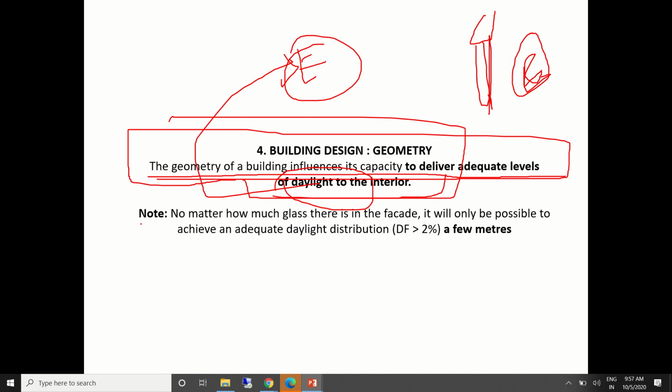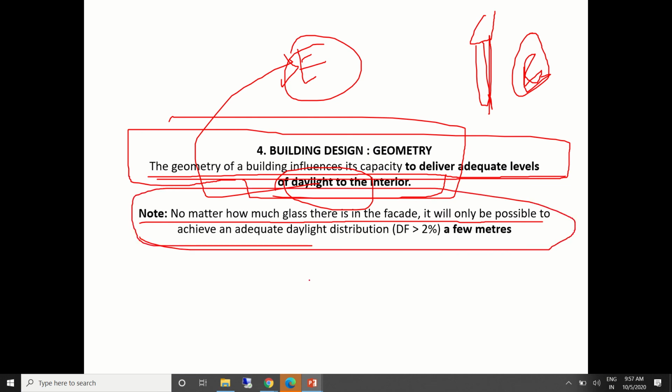I think no matter how much glass there is in the front, it will only be possible to achieve adequate daylight distribution in a few meters. Even if we have designed it properly, there is a restriction, right?